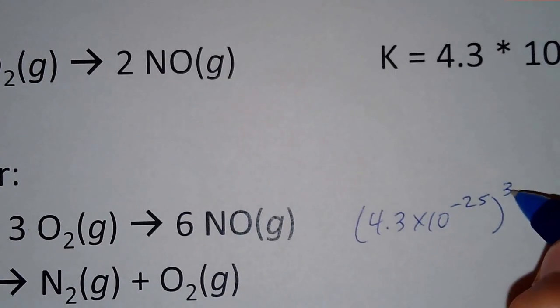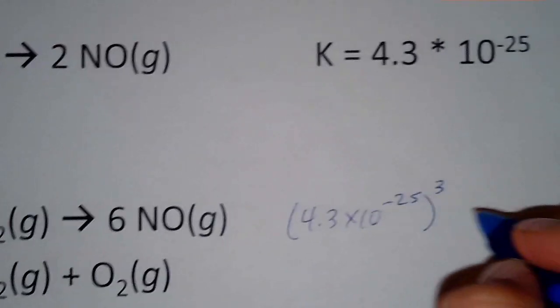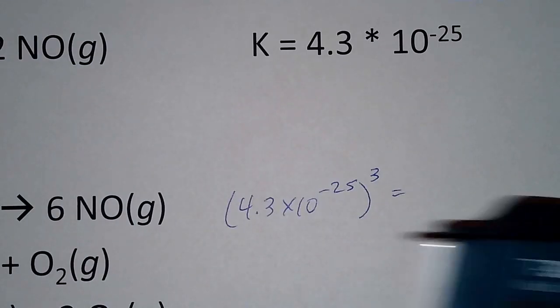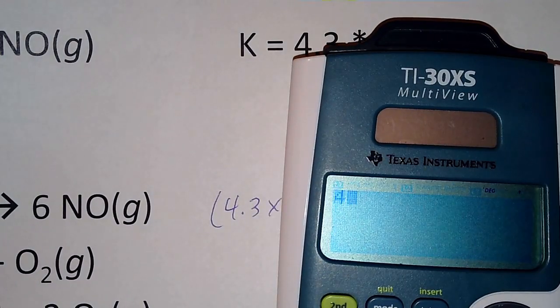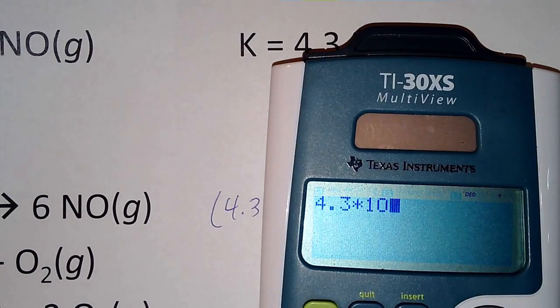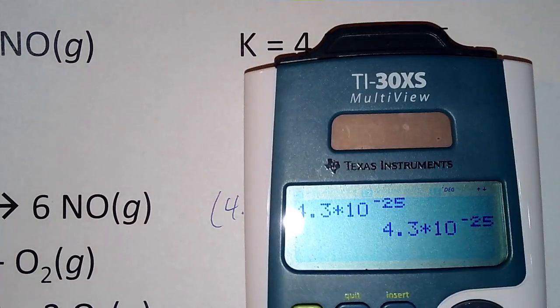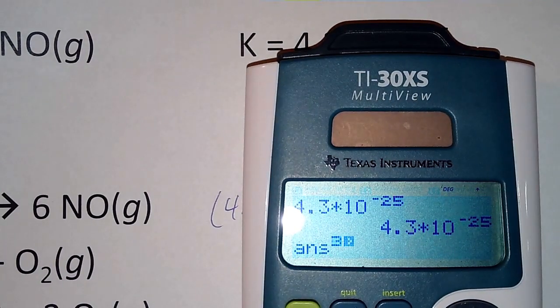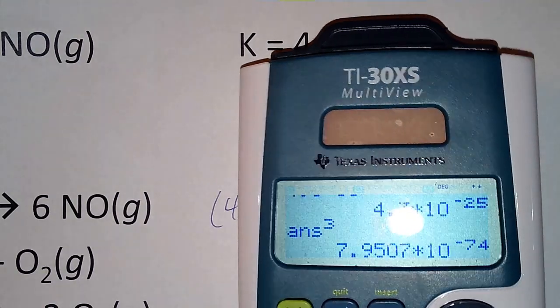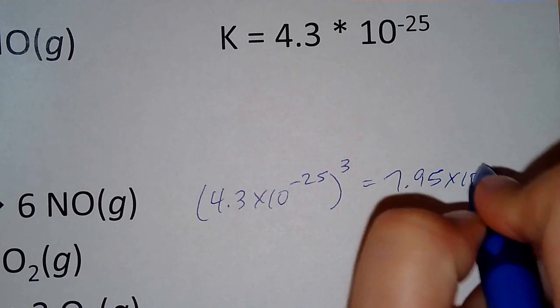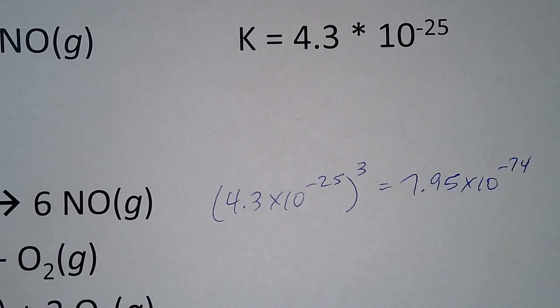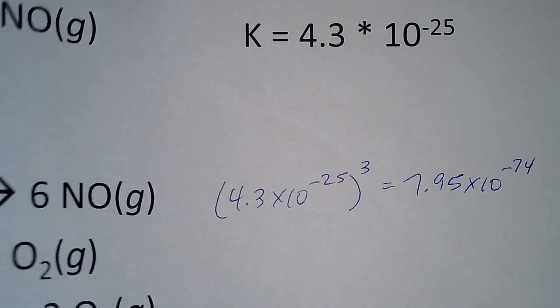Alright, so calculating the new K, we have 4.3 times 10 to the minus 25, and we're going to cube that. So 7.95 times 10 to the minus 74. Alright, so multiplying by a cofactor of 3 makes this an incredibly much smaller K value.